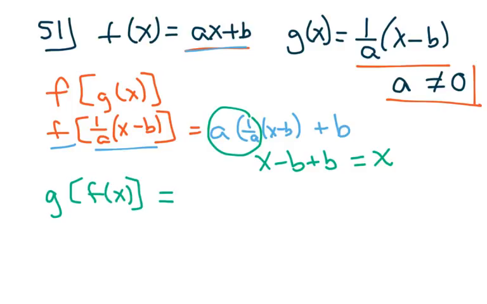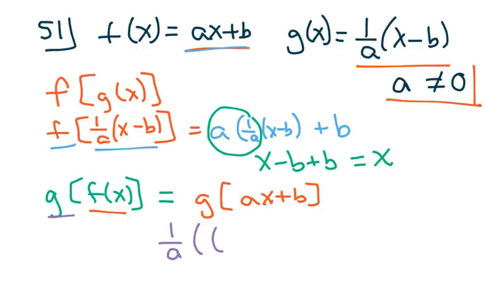And then for g composed with f of x, I'm going to write down g. My f of x is ax plus b. And then I'm going to write down g. And g is 1 over a. But everywhere there's an x, put parentheses. I'm going to input ax plus b.